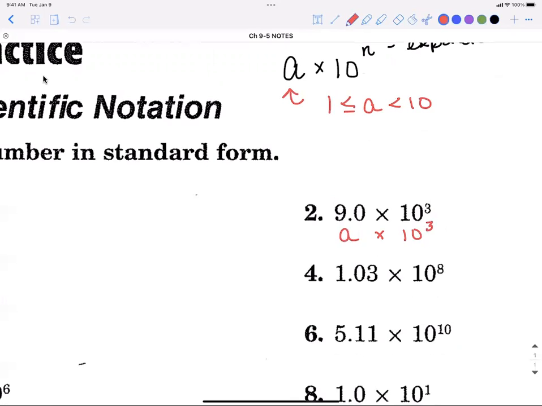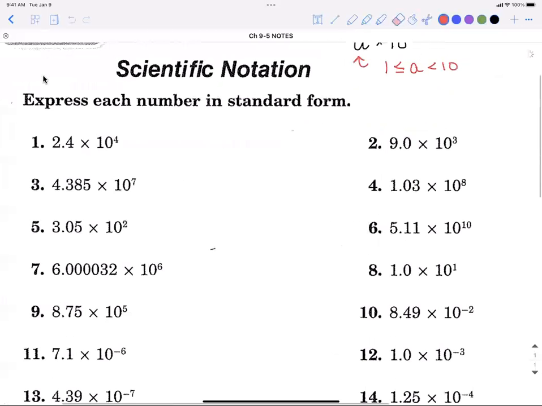When we're looking at the numbers that are already in scientific notation, notice something about every single one of them: they're between 1 and 10. 2.4 is between 1 and 10. 9.0, 4.385. It doesn't matter how many decimals you go out, as long as the decimal is right here, it's 4 point something, so it's between 4 and 5, between 1 and 10.